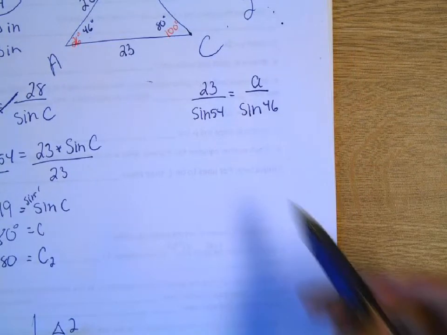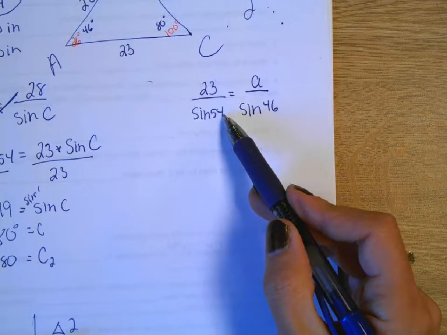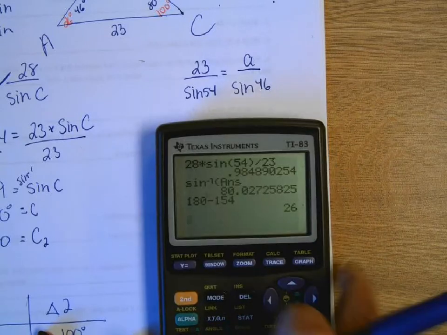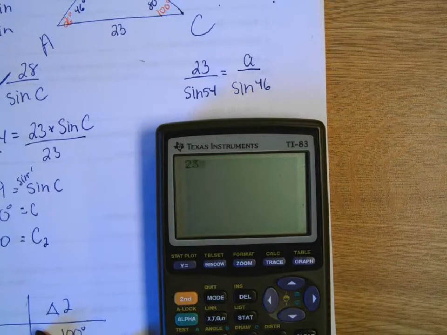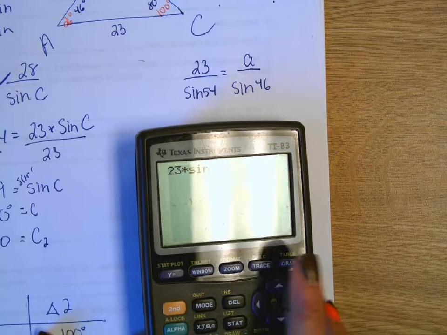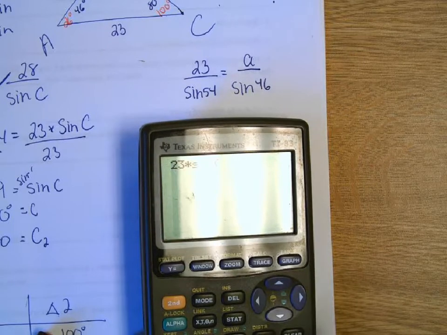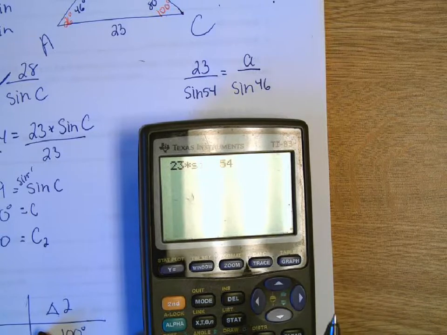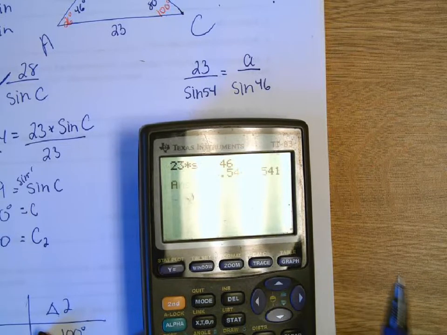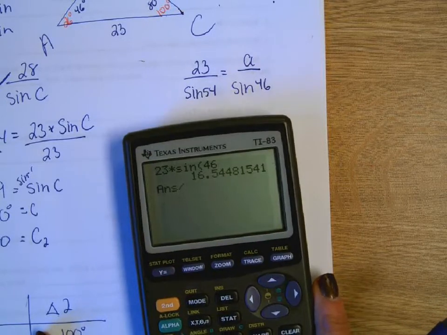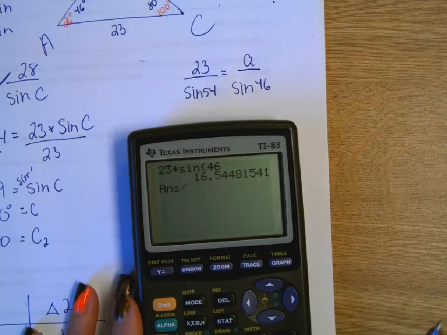Multiply, divide on your calculator. It's all calculator work at this point. You've been doing it for 2 days. You should be good at it. So I know, 23 times the sine of 46, divided by the sine of 54.